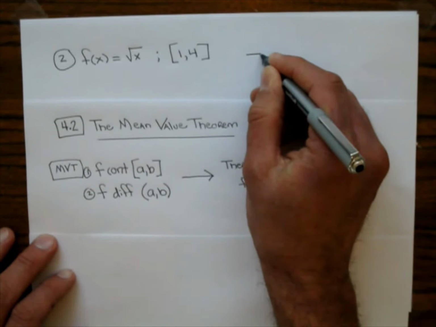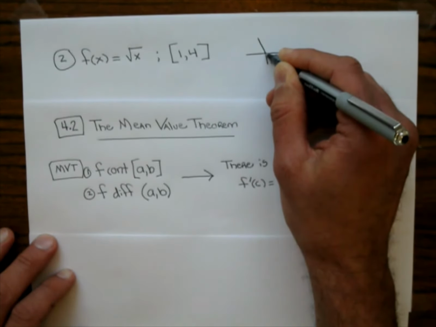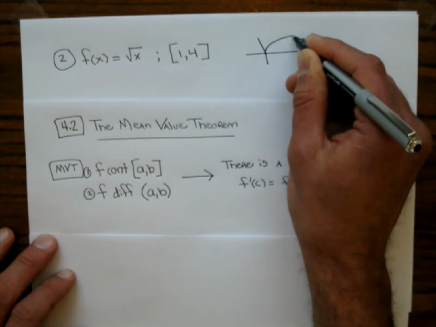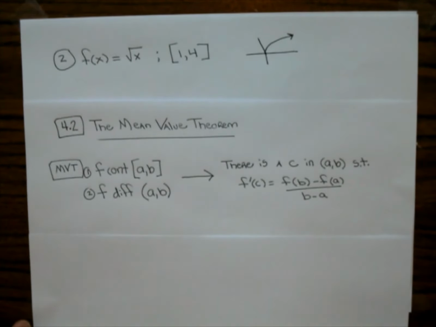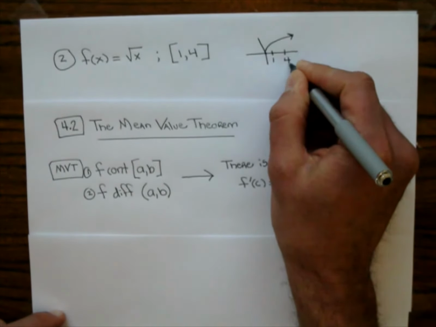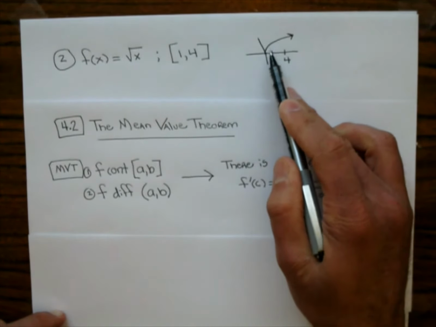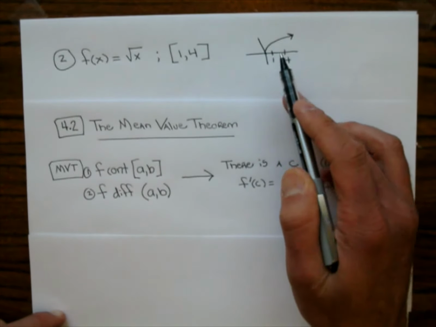If you're thinking about what the graph looks like, it's half a parabola. It's nice and smooth and continuous from 0, or to the right of 0, all the way to infinity. So it's continuous on that time interval, or that x interval. And it's also differentiable. It's nice and smooth, no corners or cusps or sharp points. So we're good to go.